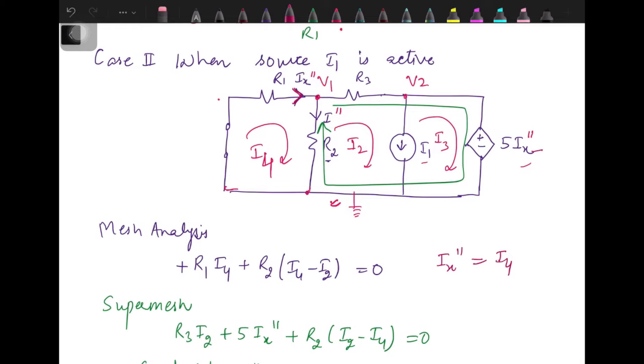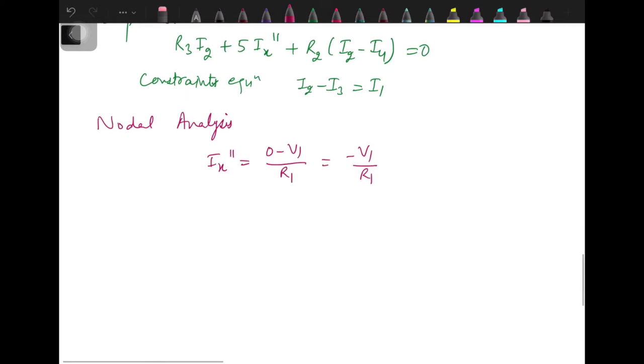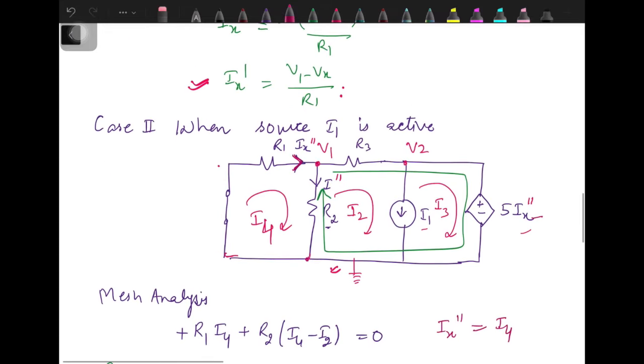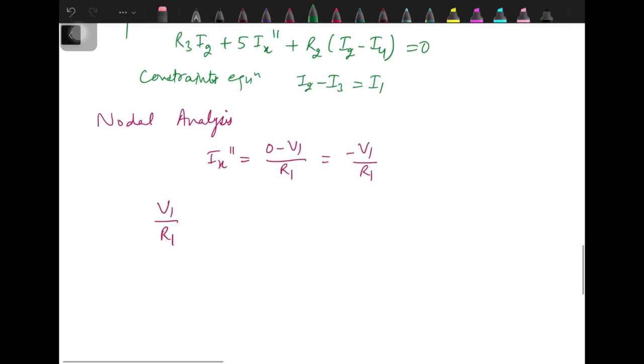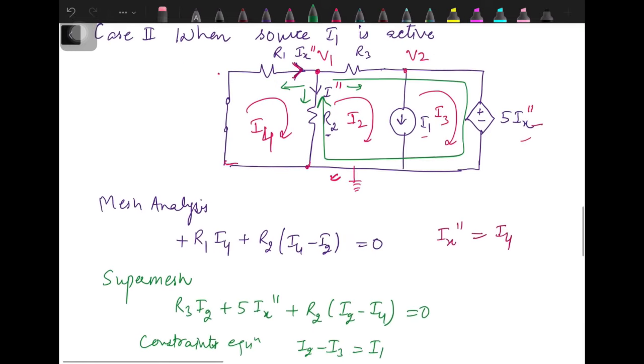The node 1 equation will be V1 by R1, assuming that this current is leaving, this one is leaving, this one is leaving, plus V1 by R2 plus V1 minus V2 by R3 equal to 0.